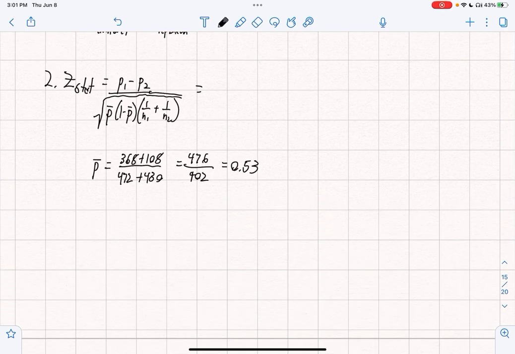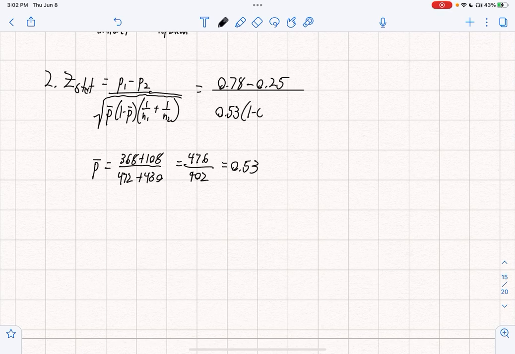Okay, so now we can plug in. So we had 0.78 minus 0.25. And then we had 0.53 as our P bar, 1 minus 0.53, and then 1 over 472 plus 1 over 430.